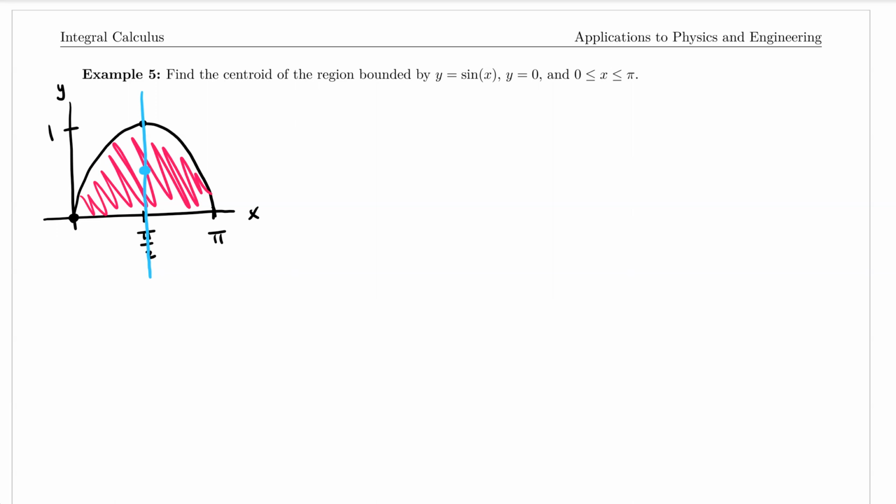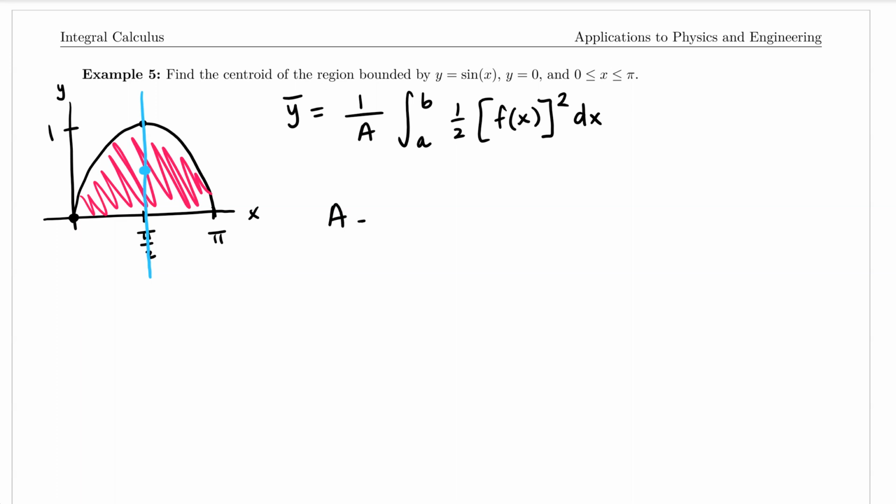So recall from earlier, we saw that y bar was equal to 1 over capital A, which represents the area of the region that we're looking at, times the integral from a to b of 1/2 times f of x quantity squared dx. So it might be helpful if we solve for capital A, the area, first. That's going to equal the integral from 0 to pi of sine of x dx.